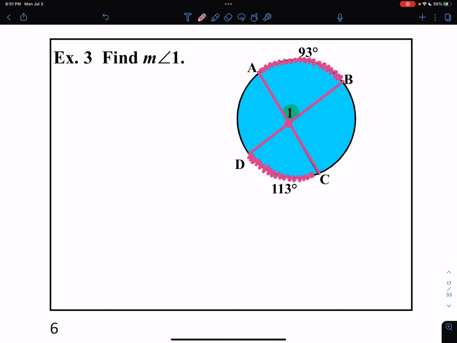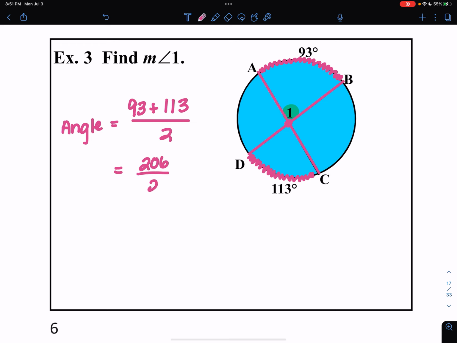So based on that formula we just learned, we know that the angle is going to be equal to the two arcs, so 93 plus 113 divided by 2. So 93 plus 113, that is 206 divided by 2, right? Our angle, in this case, is going to be 103 degrees, right? 103.